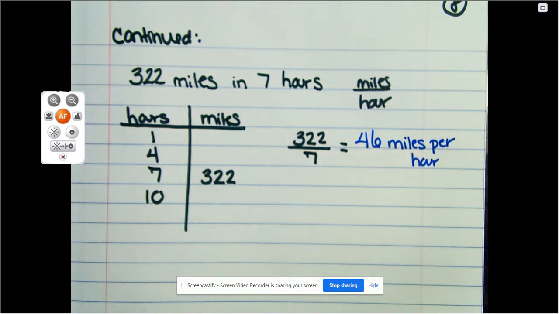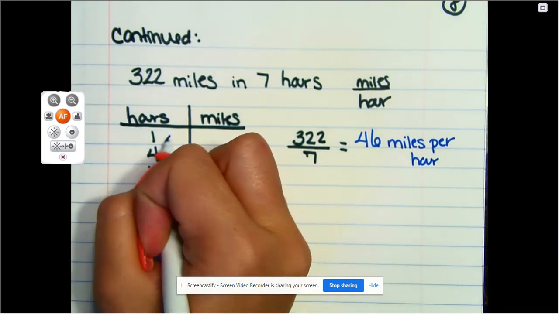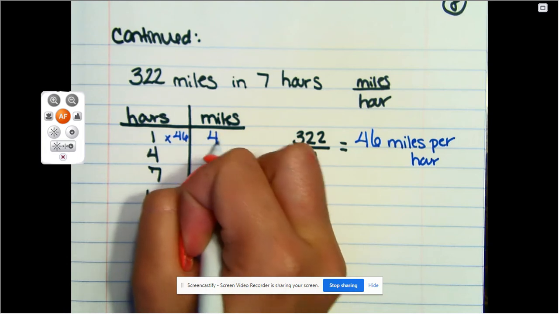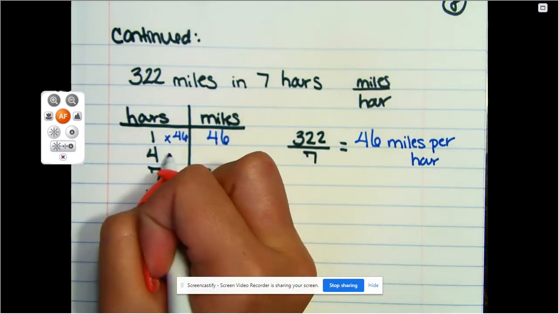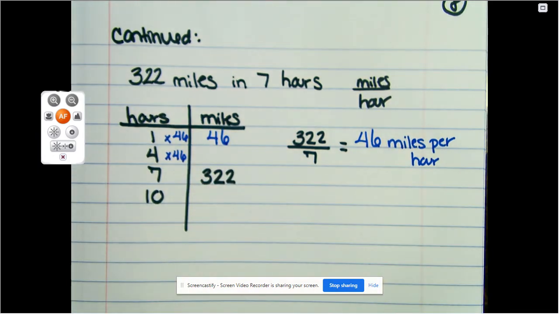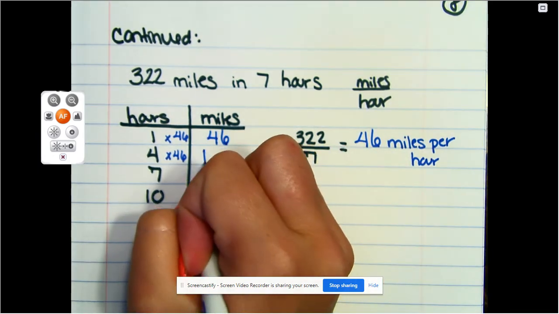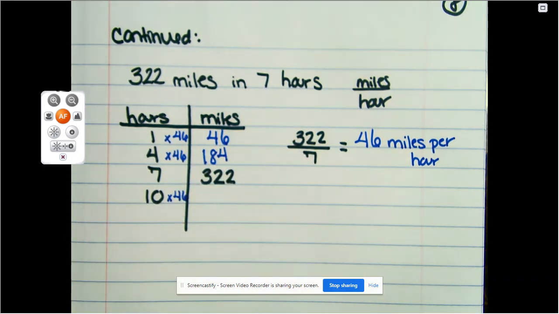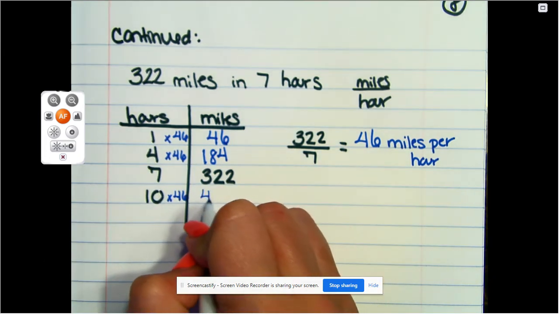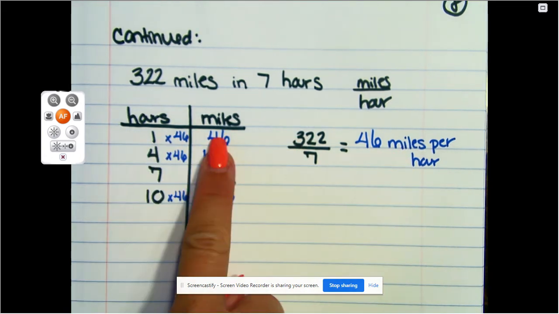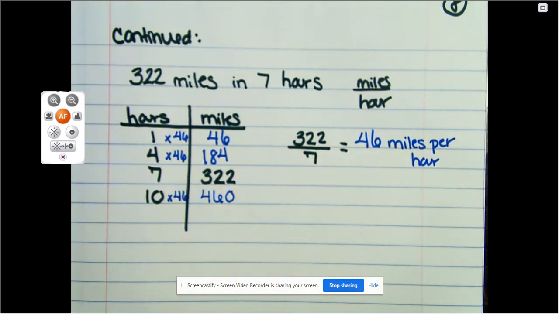We're going to use that unit rate to find additional numbers. 1 times 46 is 46. 4 times 46 to fill in my table is 184. And 10 times 46 is 460. So first I found my unit rate, and I used my unit rate to fill in my additional values.